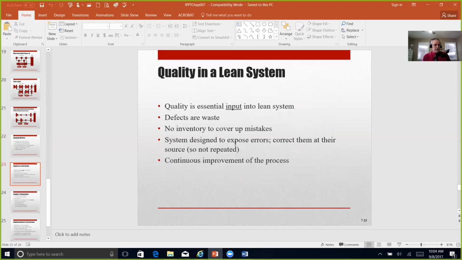It's not about covering up or working around an issue, but about attacking the problem head on and getting it fixed so that it's never repeated. And that's a continuous improvement process.